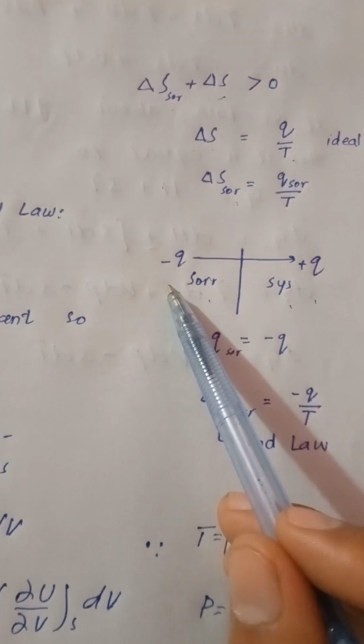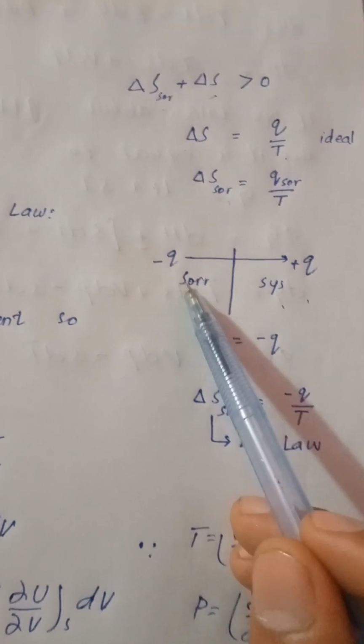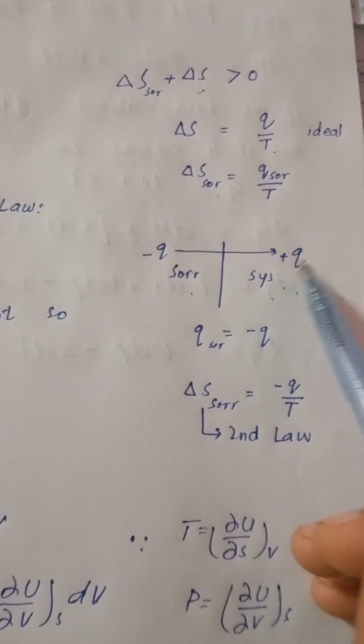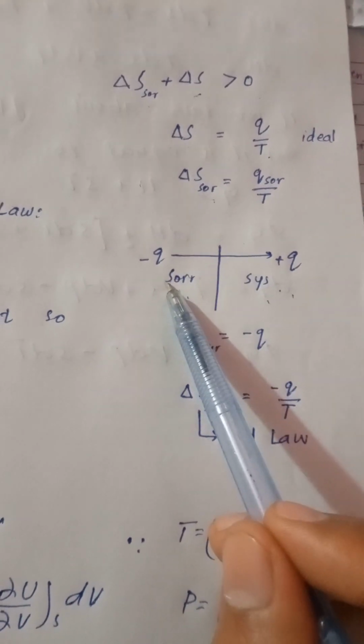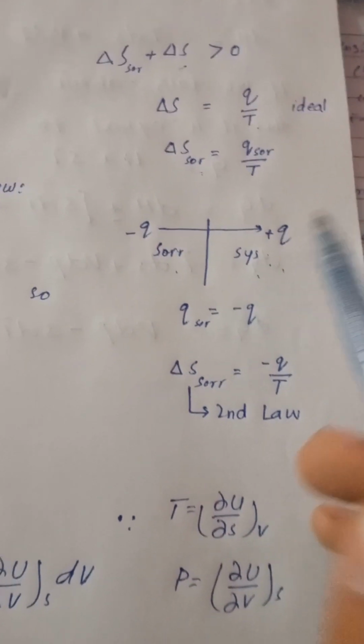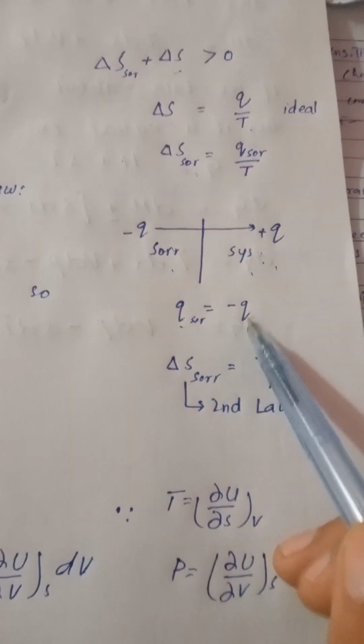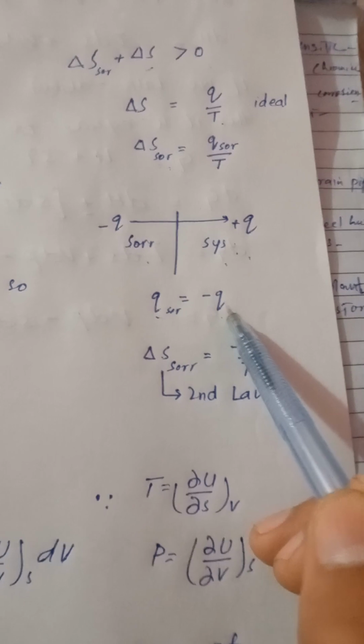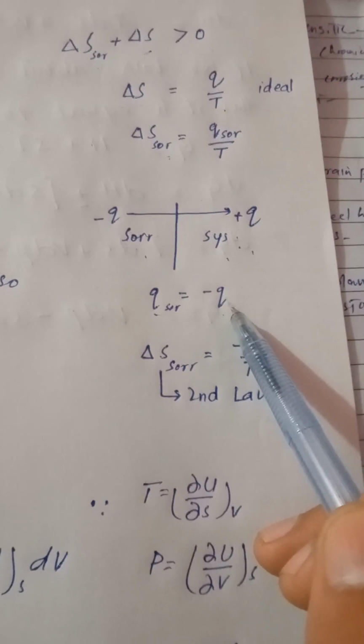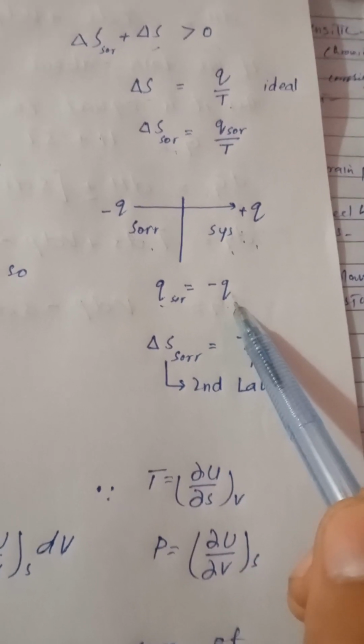It means heat energy is transferred from the surrounding to the system, and it is plus for the system because this energy is added to the system. So we can write the heat of the surrounding as minus q, and without the subscript it is the heat of the system.